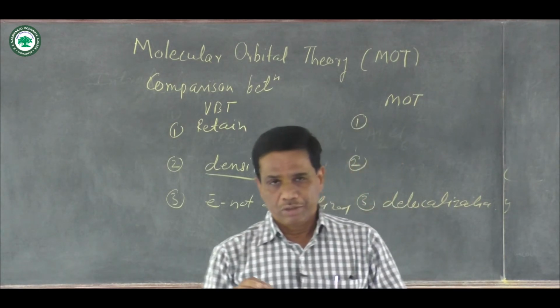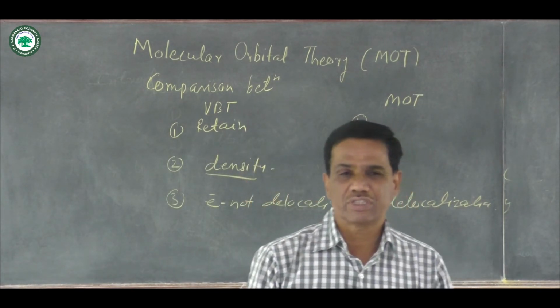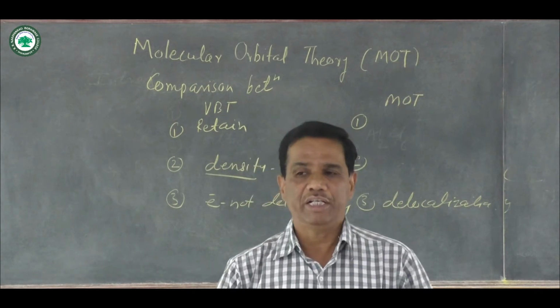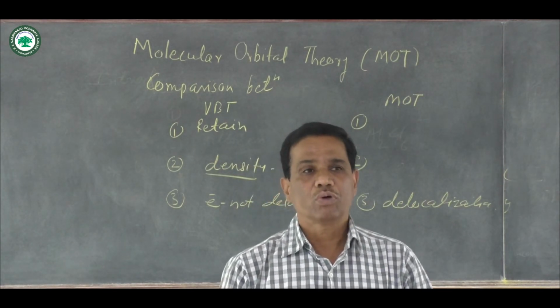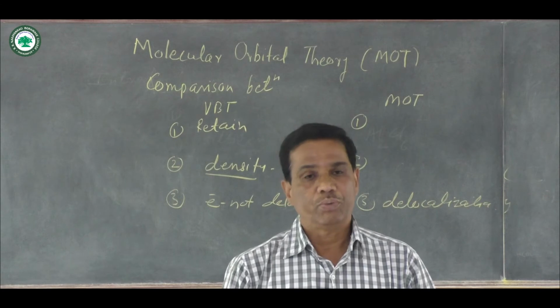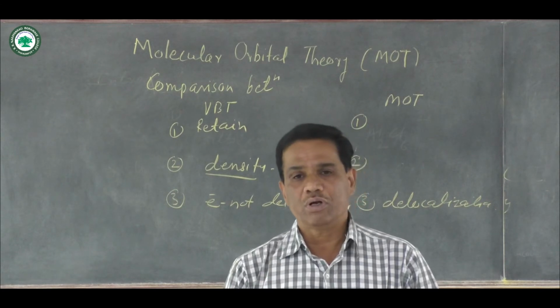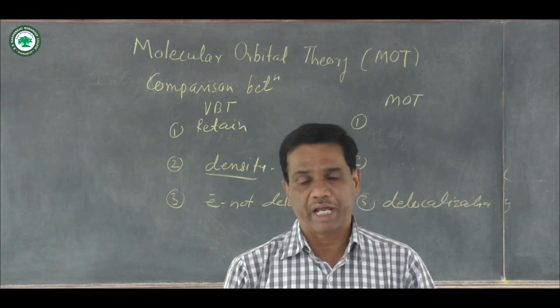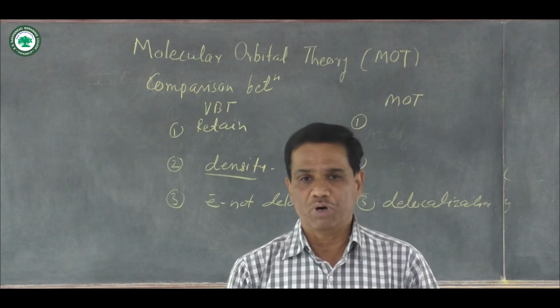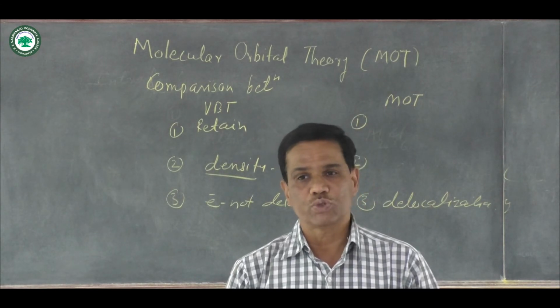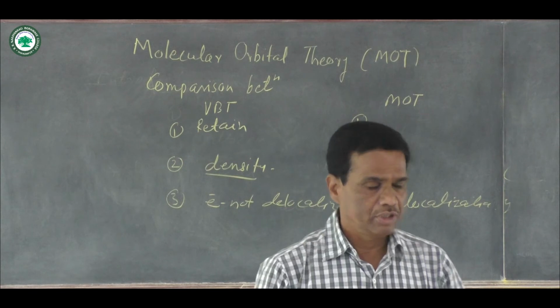Valence bond theory is a simple theory and it is just used for qualitative methods, whereas molecular orbital theory is superior as compared to valence bond theory, and it is also used for quantitative analysis.